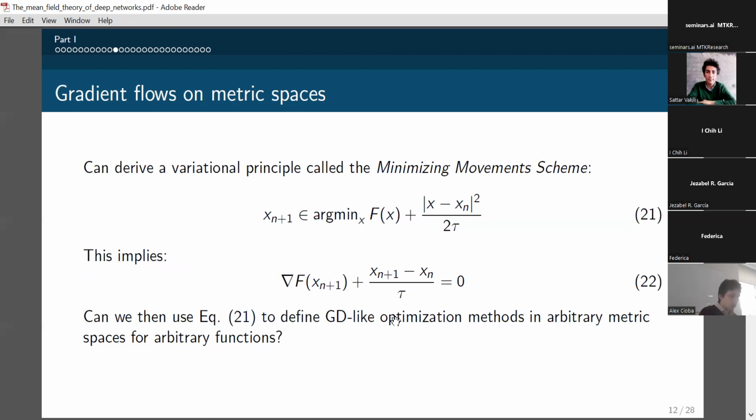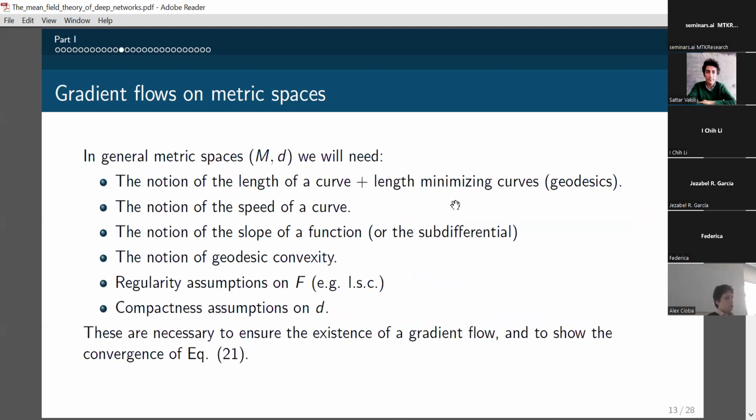But of course, it doesn't tell you actually how you extend it to arbitrary metric spaces. Obviously, the numerator in the right-hand side of 21 can be replaced by a distance function, but there's no guarantee that you get a scheme that converges to stationary points, and that's actually a significantly more difficult piece of theory. So in general, for metric spaces, you'll need various things to be well defined, such as the notions of length.